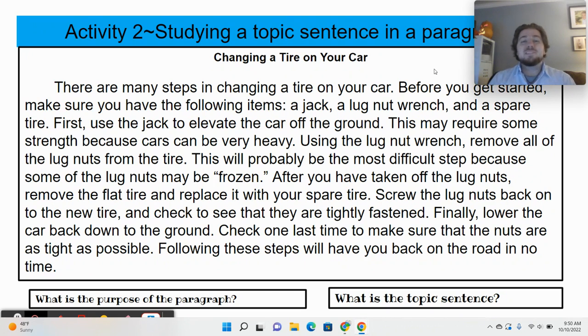So, the topic sentence here is there are many steps in changing a tire on your car. This is a good topic sentence because it's not simply a fact. It is basically a precursor to the rest of the paragraph. By saying there are many steps in changing a tire on your car, we now know this paragraph is going to talk about how to change a tire on your car.